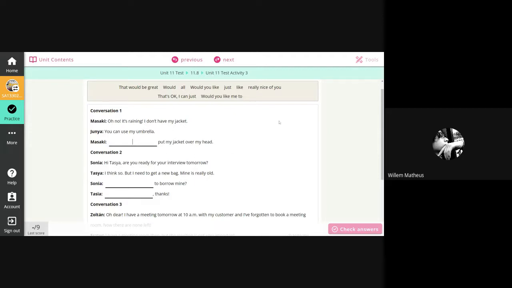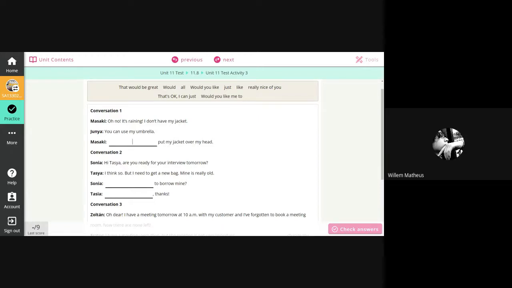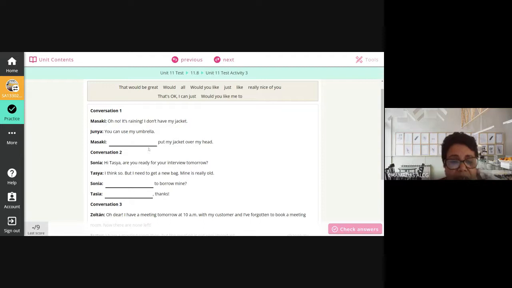I guess so. Yeah, because here he says, oh no, it's raining. I don't have my jacket. So Junia says, you can use my umbrella. I don't think Masaki would say, oh, that's okay, I can just put my jacket over my head. I don't think he would say that.